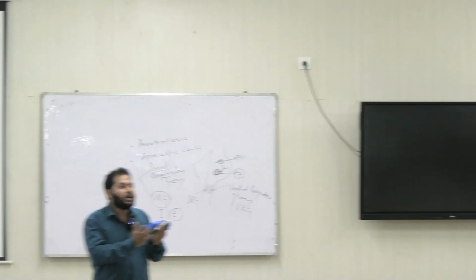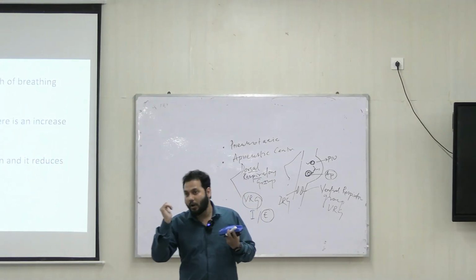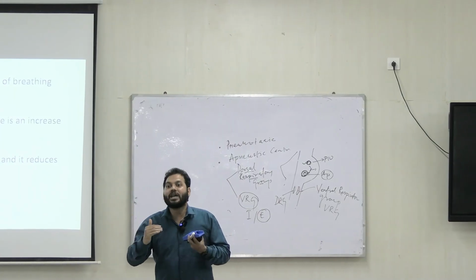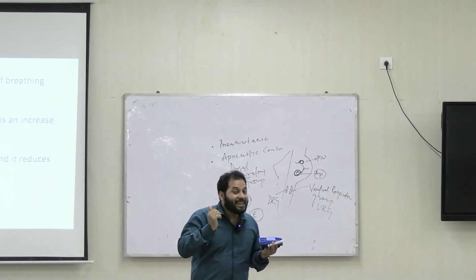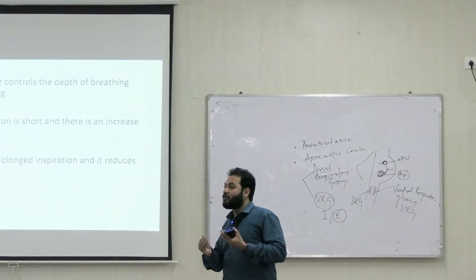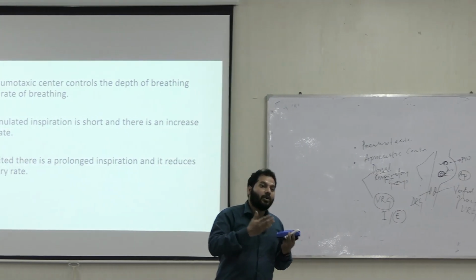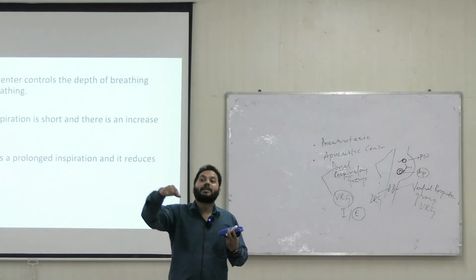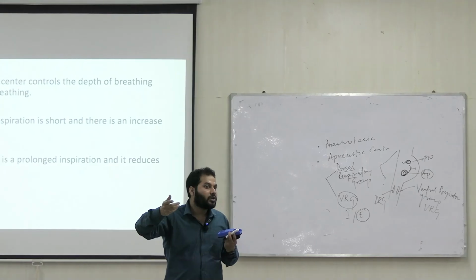So, based on the nature of the stimuli, our higher center decides how to perform, right? What we have seen on the level of oxygen in case of chemical regulation is that when there is a low level of oxygen concentration, chemoreceptors excite a response.